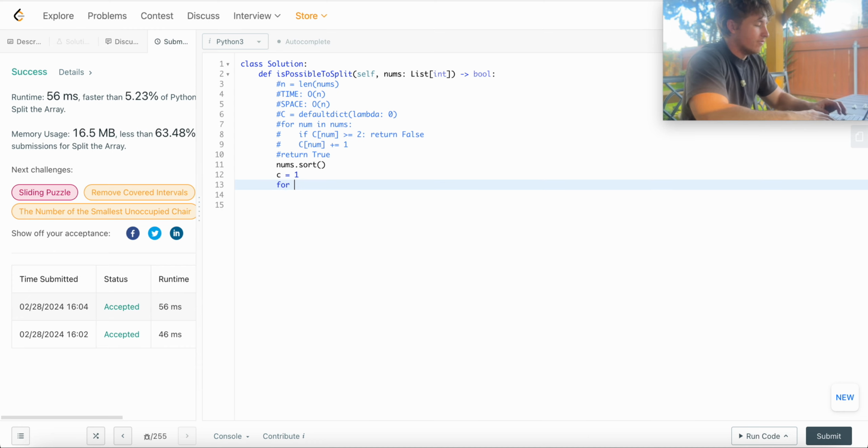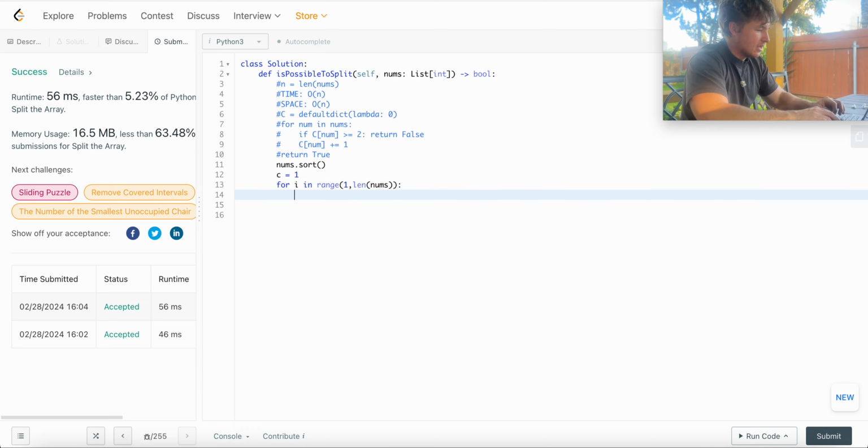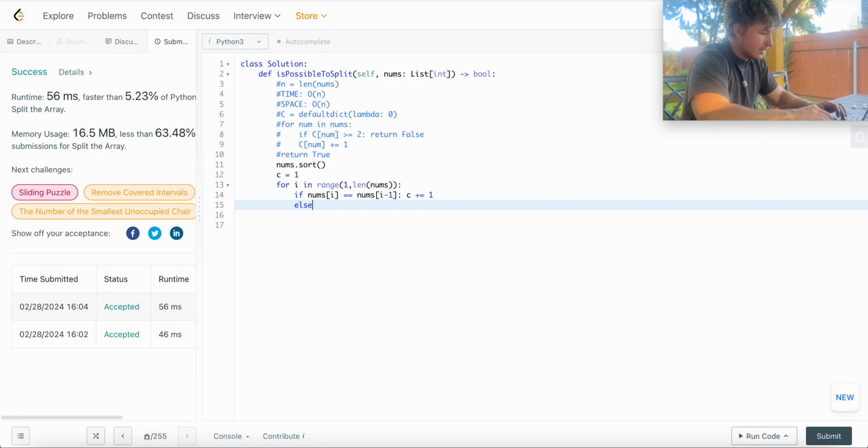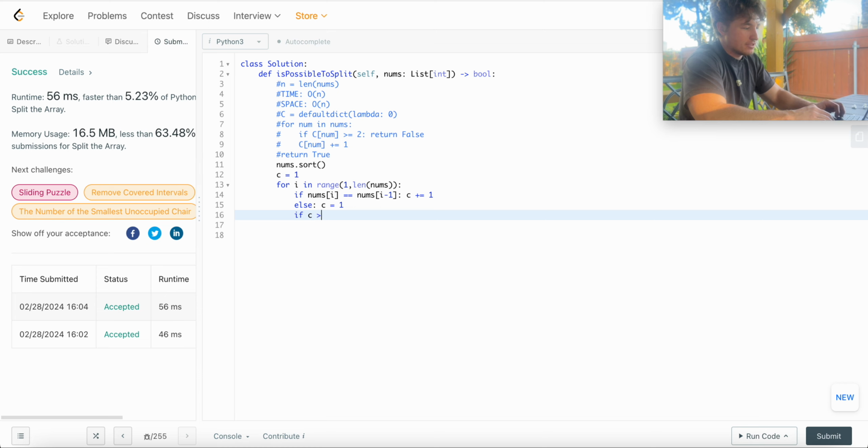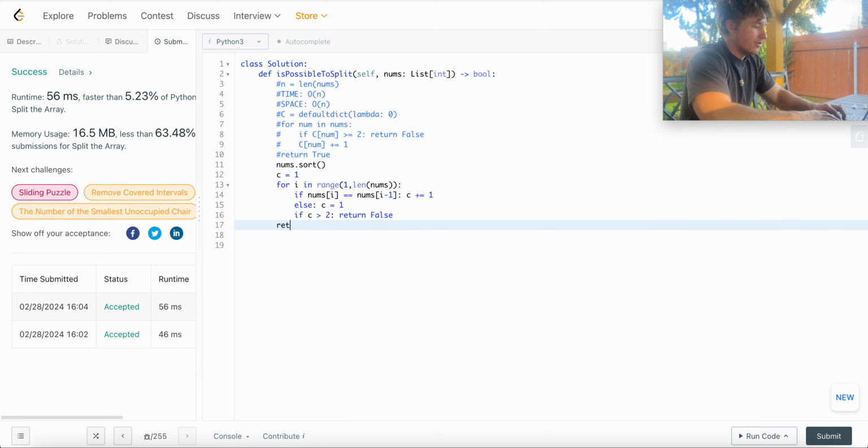We'll do for i in range 1 to length of nums. And I'll say, if nums of i equals nums of i minus 1, count plus equal 1. Else count equals 1. If count is greater than 2, return false. Return true.